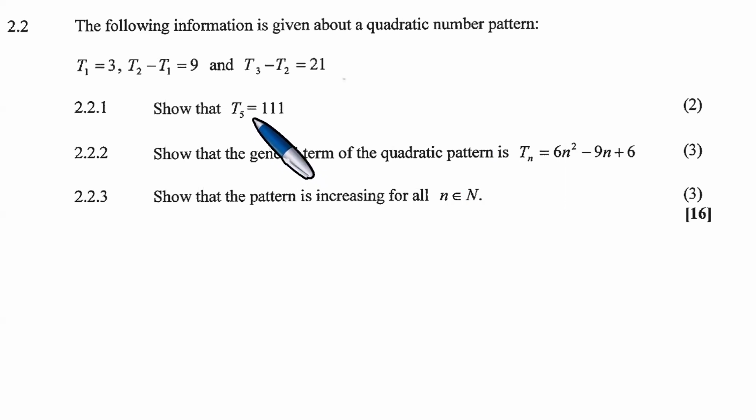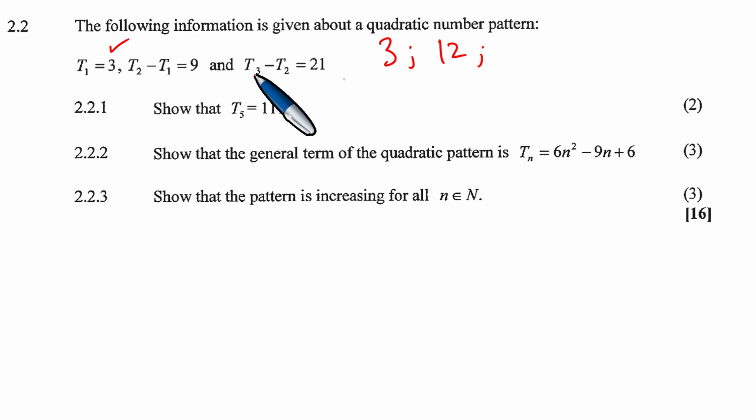We note that we have been given this particular number. The first term is 3. The second term minus the first term is 9, so it must be 12, because 12 minus 3 is 9.